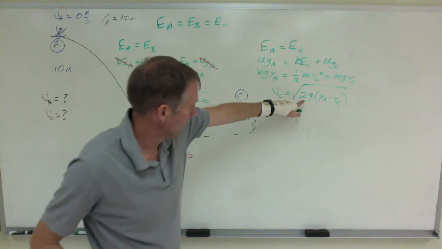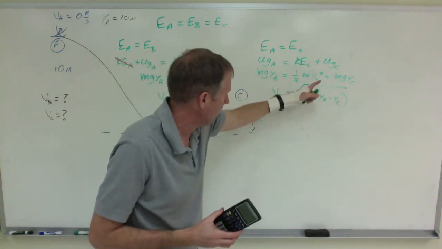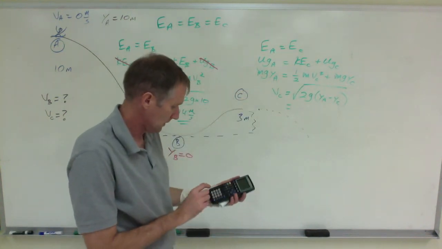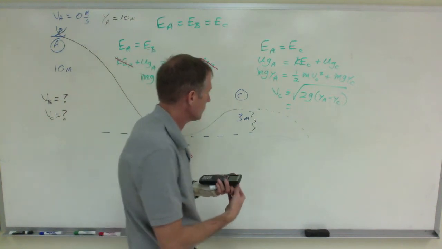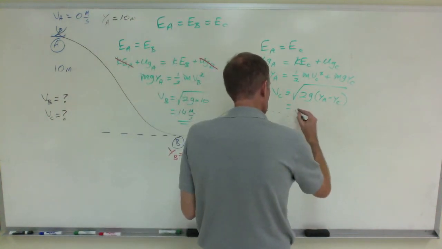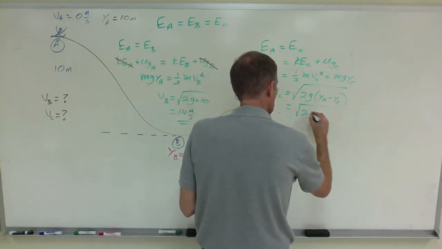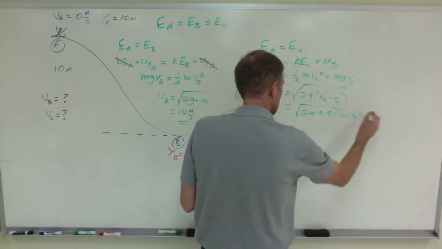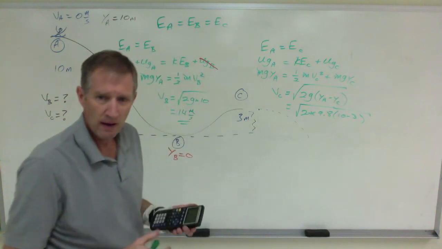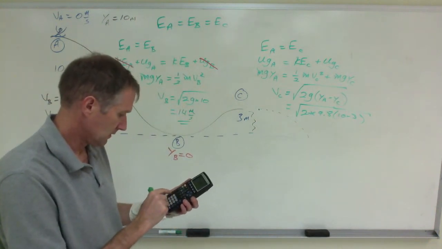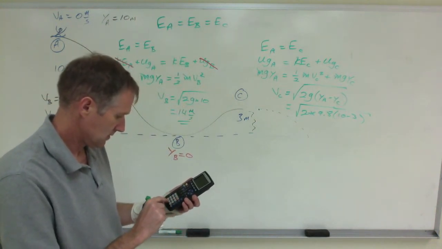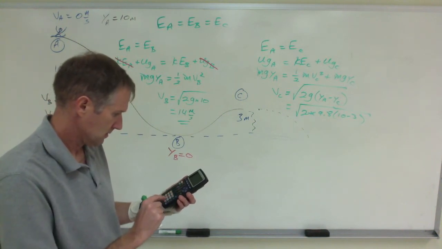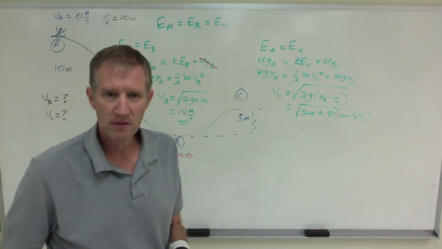Again, if you don't understand this equation, just put the numbers in and solve for v squared, and then take the square root. That's fine. This is the square root of 2 times 9.8 times 10 minus 3. That's 11.7 meters per second.